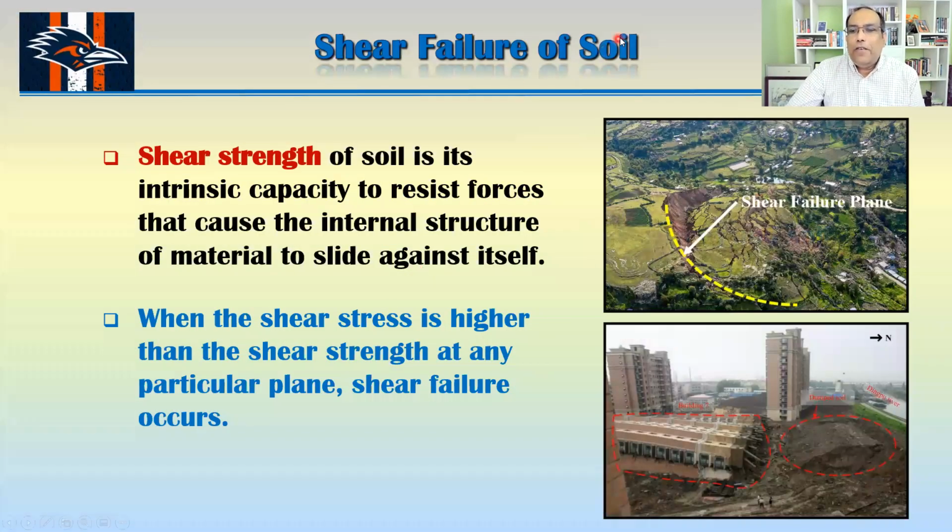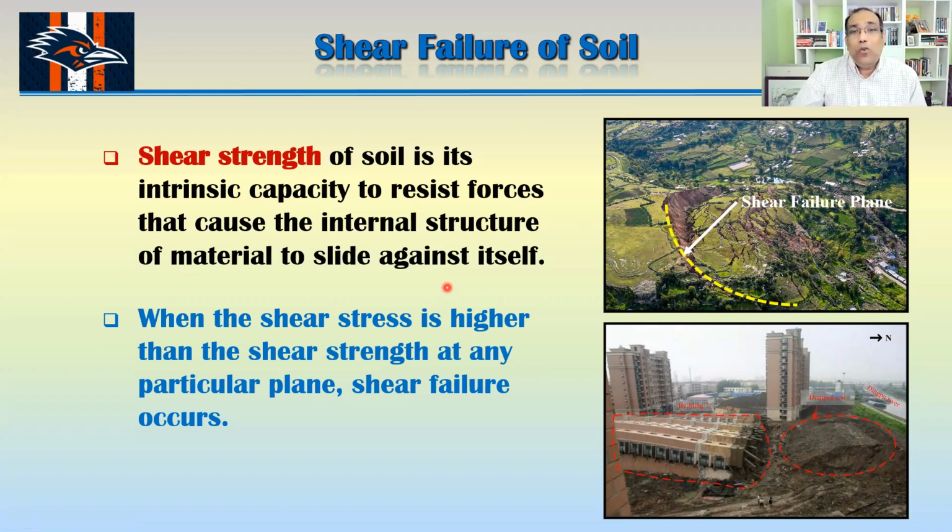Now, shear failure of soil. Shear strength of soil is its intrinsic capacity to resist forces that cause the internal structure of the material to slide against itself. So when the shear stress is higher than the shear strength at any particular plane, then shear failure occurs.